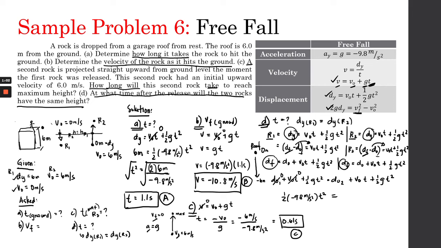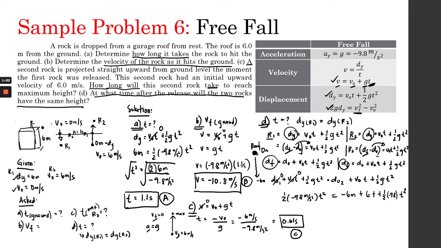As for rock 2, since our point of reference is the roof, the initial distance of rock 2 would be negative 6 meters plus the initial velocity of rock 2, which is 6 also, which is 60, plus 1 half negative 9.8 t squared.